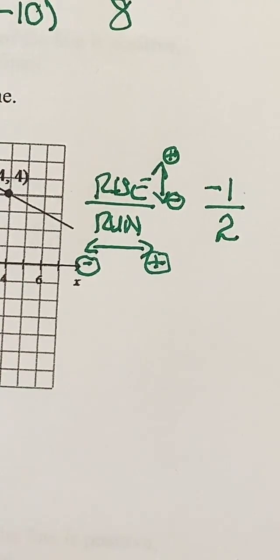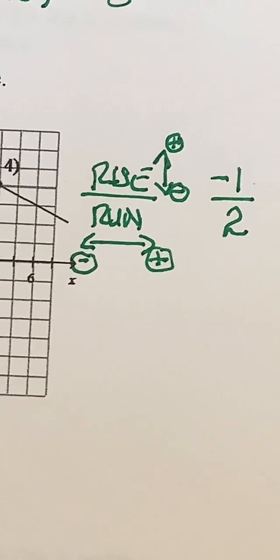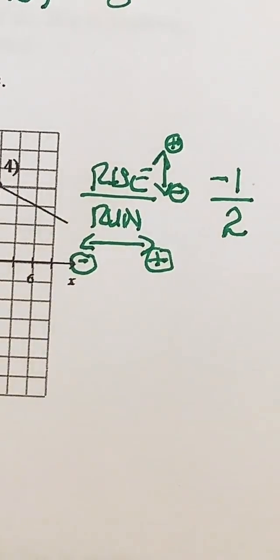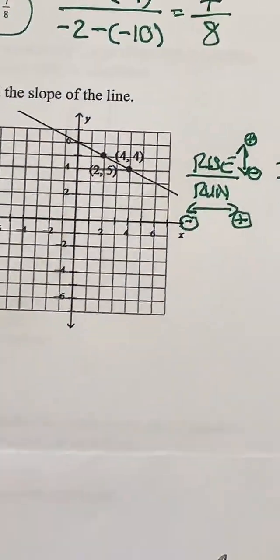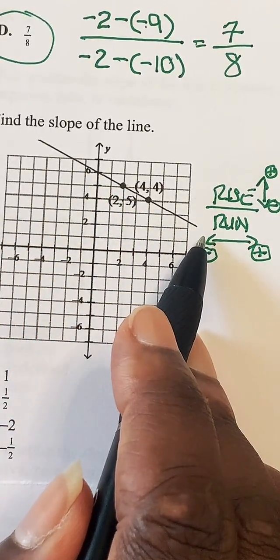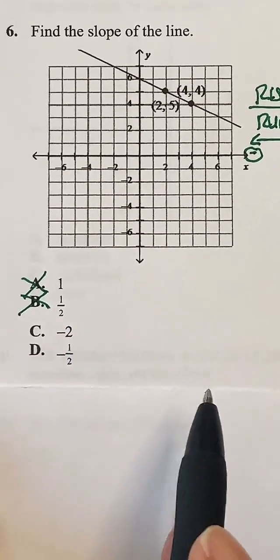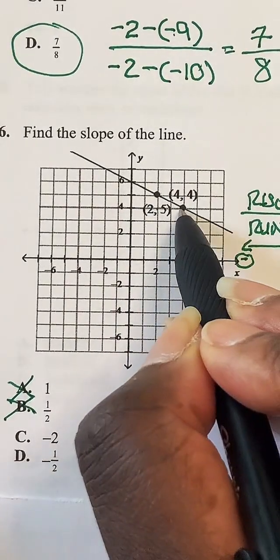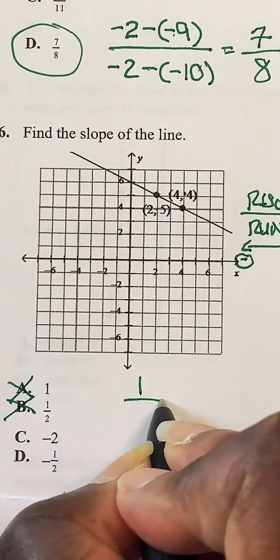Right. So just by looking at it, take a moment, especially graphically. Going downward from left to right, that means it's a negative slope. So right away, I can get rid of my A and my B. If I want, I could have gone up 1, so that'll make it a positive 1.